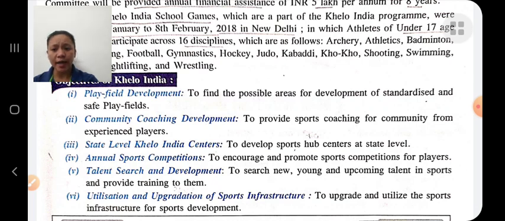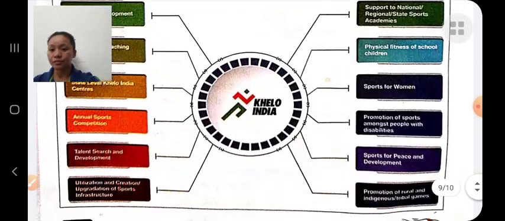Talent search and development: this program searches for new, young and upcoming talented players and provides them training as well as financial support. Utilization and upgradation of sports infrastructure: Khelo India upgrades and utilizes sports infrastructure for sports development.